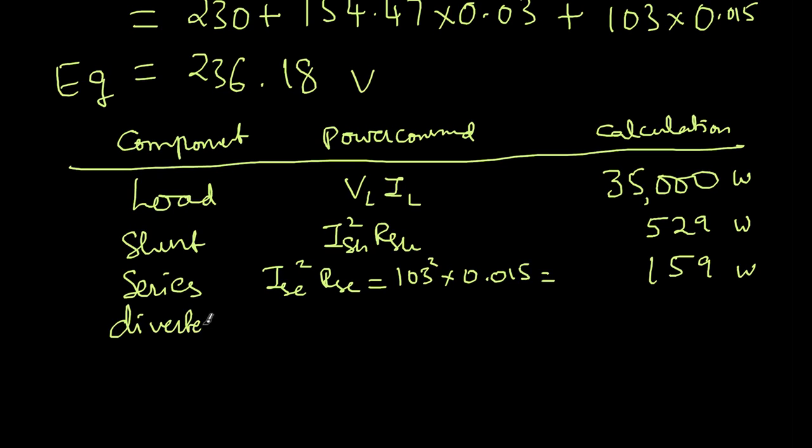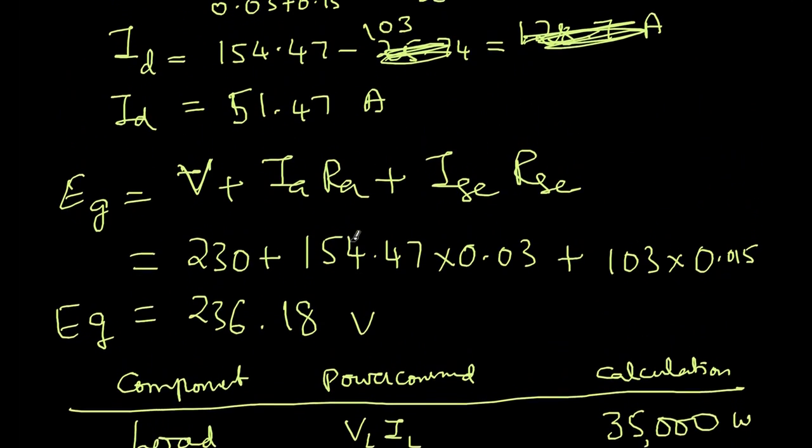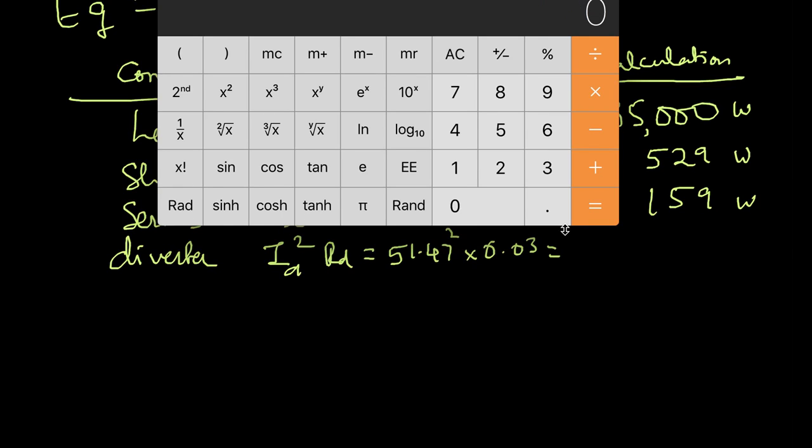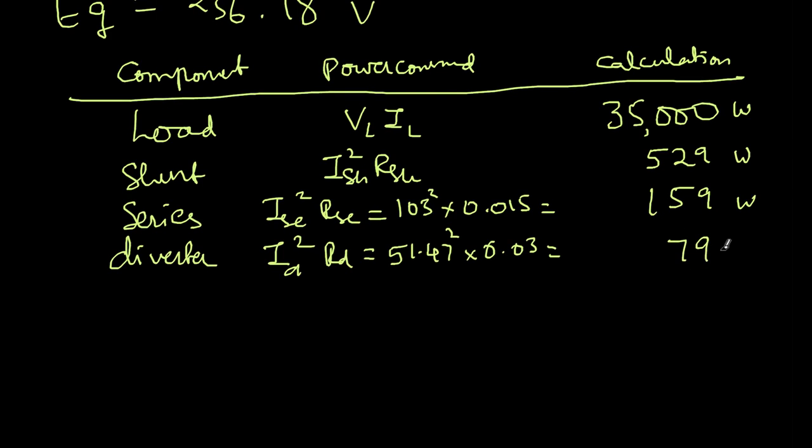Diverter is nothing but ID square RD. What is the diverter current? I can see here 51.47 amperes. 51.47 square multiplied by 0.03, which is the resistance. So 51.47 multiplied by 51.47 multiplied by 0.03 is 79.47, so I'll just write 79 watts. I'm just rounding off to the nearest watt.